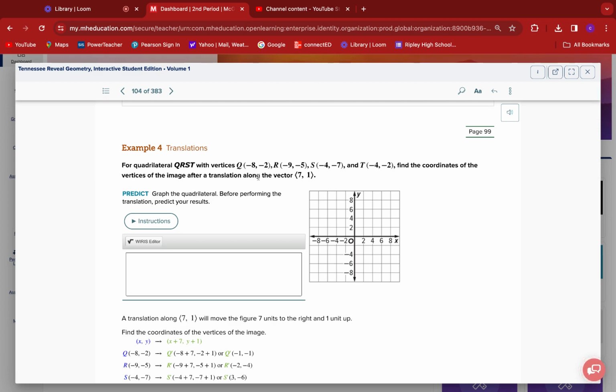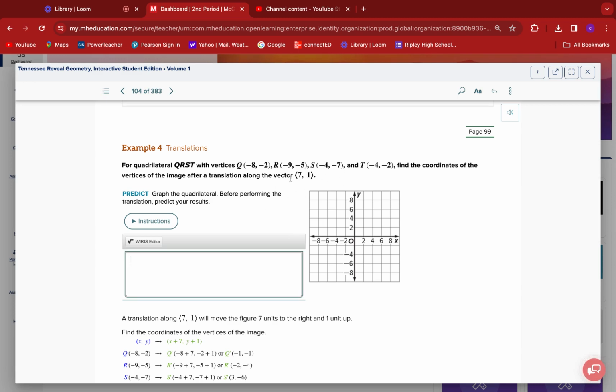All right, first off, I make sure these are positives. It's a positive 7. It's a positive 1, which means I'm adding 7 to my x values on all 4. The 1 is a positive 1, which means I'm adding 1 to my y values on all 4. That's it.